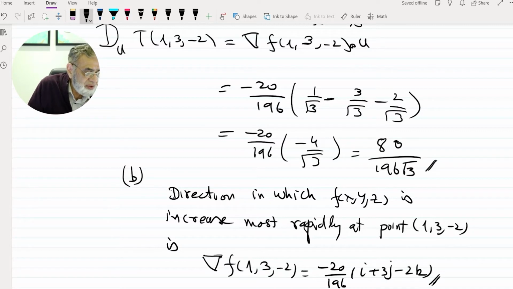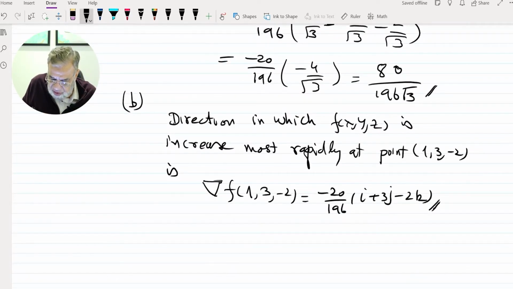So that we want to find, that's part C: what is the maximum rate of increase? That's the magnitude of the gradient.